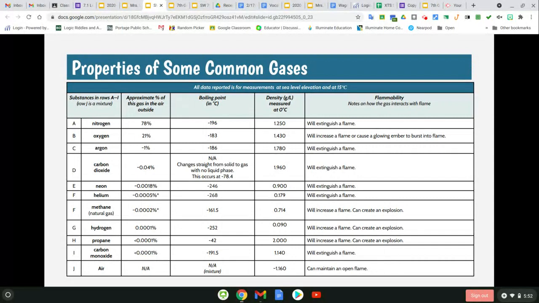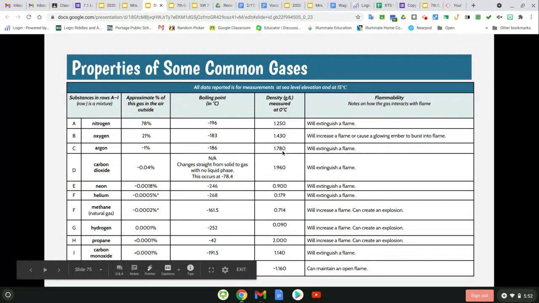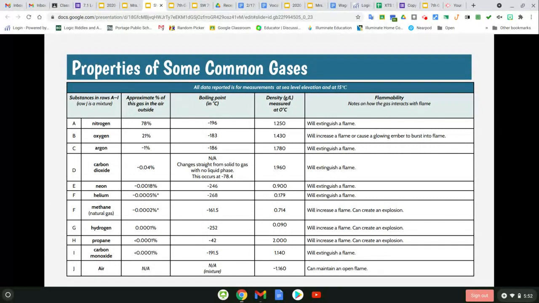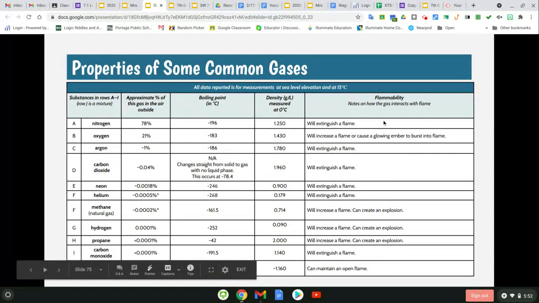So what we're going to look for in identifying the gas in the bath bomb are the ones that are more dense than air. So you take a look at these numbers and find the ones that are more dense than 1.160, bigger than that number. You also have to look at its flammability. It may be more dense than air, but does it also extinguish a flame? Because that's the other property our gas in the bath bomb has: it is not flammable.